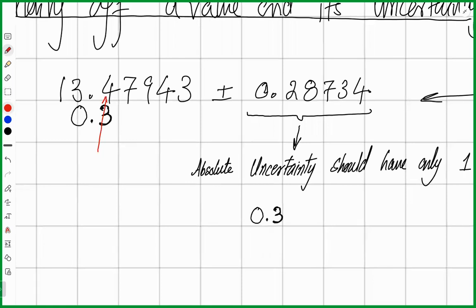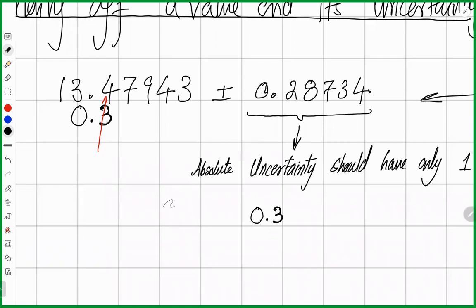So what should be your final answer now? If I round off 13.47943 at the first 4, the next number on the right hand side of the 4 is more than 5.